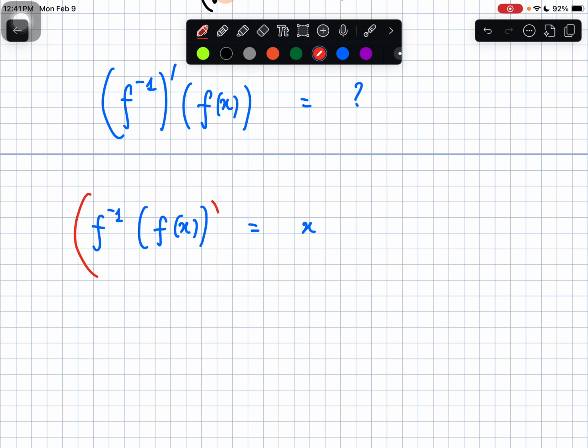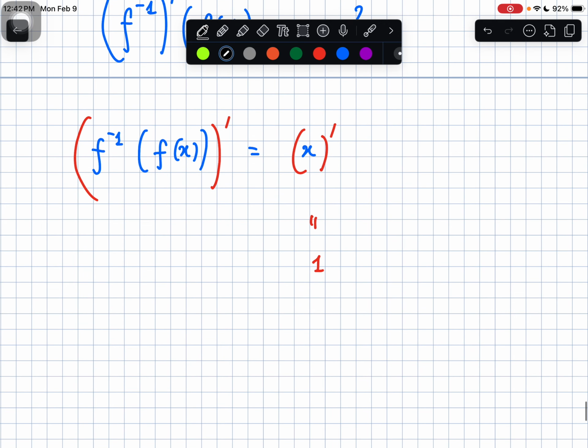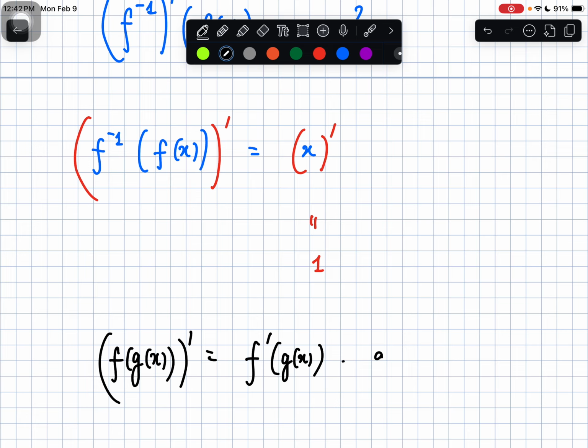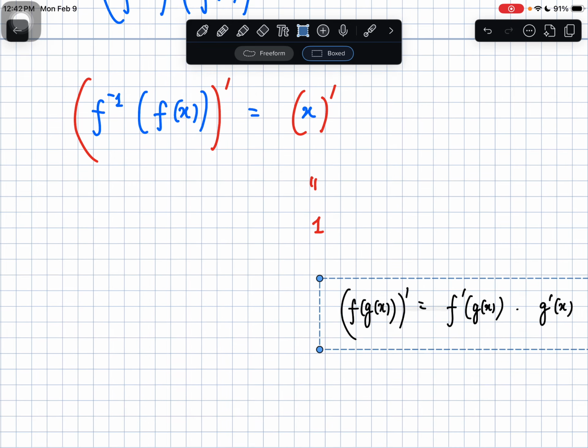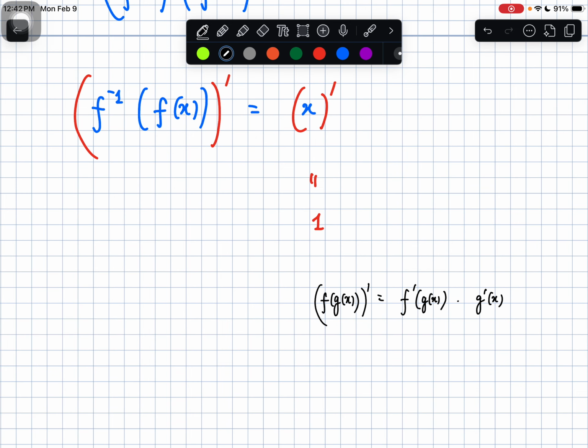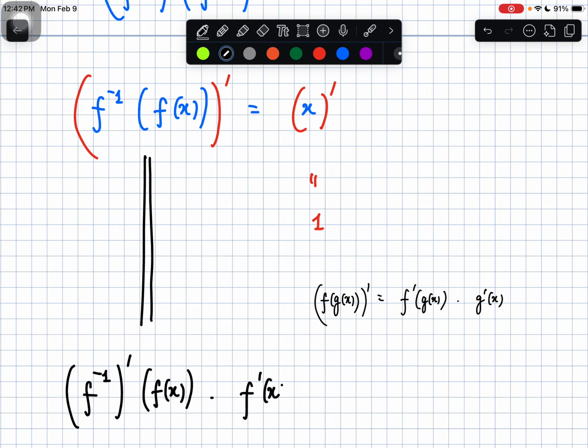Taking the derivative of both sides, the right hand side gives us 1, and the left hand side gives us the chain rule: f of g of x prime is f prime of g of x times g prime of x.